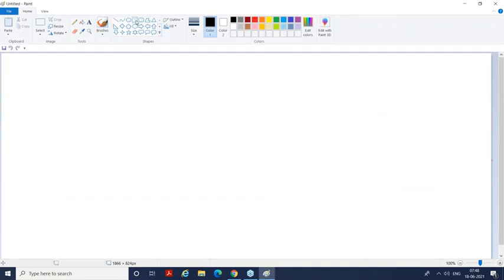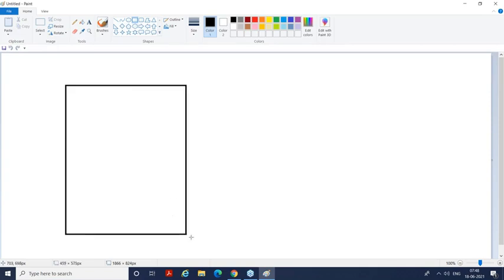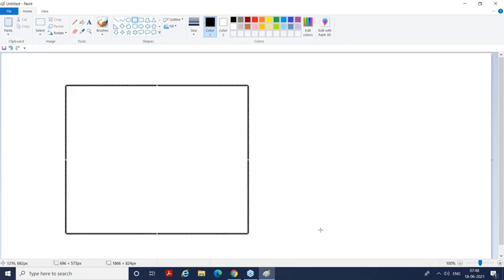So let me tell you the difference between a normal firewall and your WAF. They are not the same. Your WAF is different, your firewall is different.